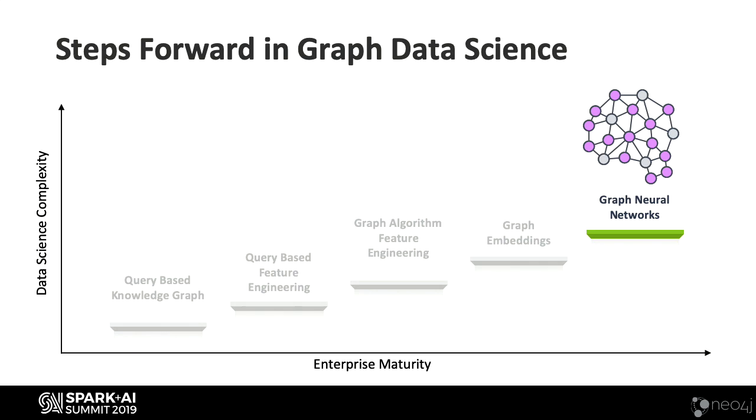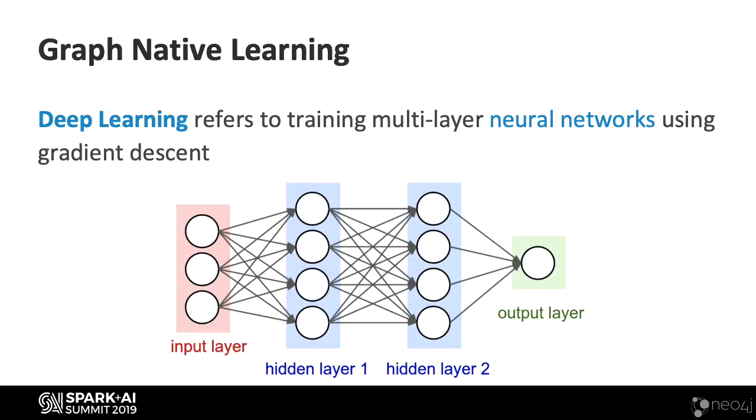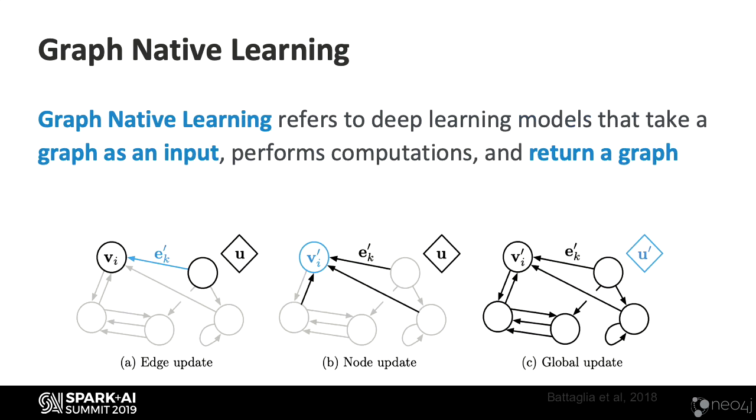So the last step of graph data science, we've made it this far. What on earth are we doing now with graph neural networks? And this is graph is input, predictions on the graph is output. And this is a deep learning application. You're training a multi-layer neural network using gradient descent. You have hidden layers. And so in this case, you're thinking about, I have edges, I have nodes, and I have a global update.